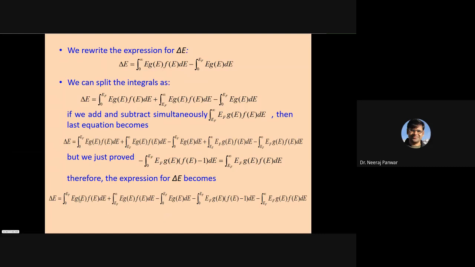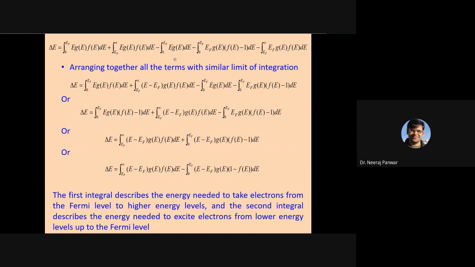Now you see there are three integral terms that have limits from 0 to infinity: one, this is second, and this is third. We can club them together, and the two terms with limits from EF to infinity we can club together.